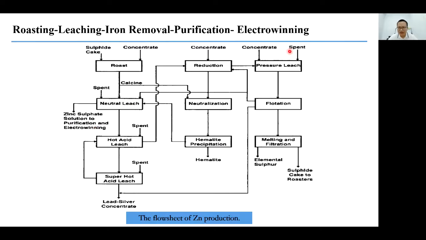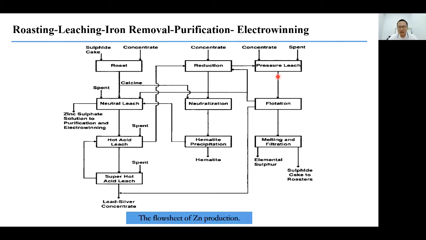And on the other side, on the right-hand side, we can find the concentrate, which is zinc sulfide, can be directly used as a raw material. So pressure leaching is also available. Next, the oxygen pressure leaching developed by Cominco, and also the atmospheric leaching by Outotec.